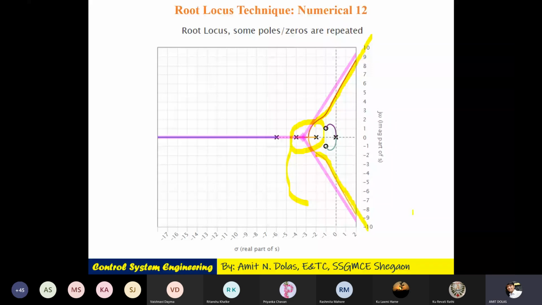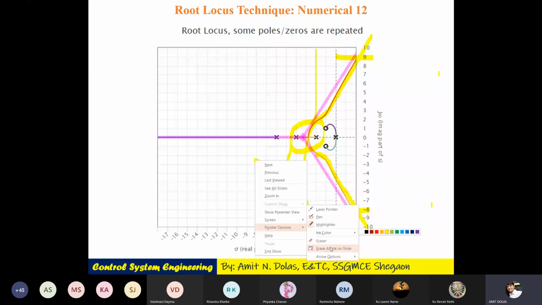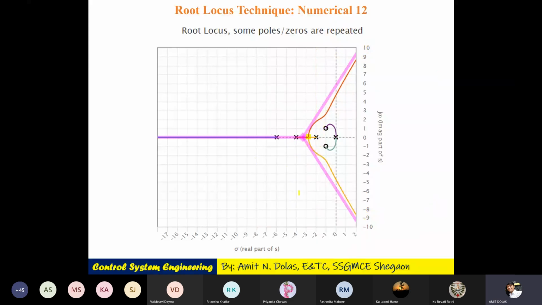So in this problem there are some more terms we need. The break-away point, where these two meet, I'll show you here; this is called the break-away point. Then we want the angle of departure, the curvature you see here. And again we want the intersection of this path, which is moving into the unstable region, with the imaginary axis, here, I'm sorry, here. So we have to find this also; that is also our task.